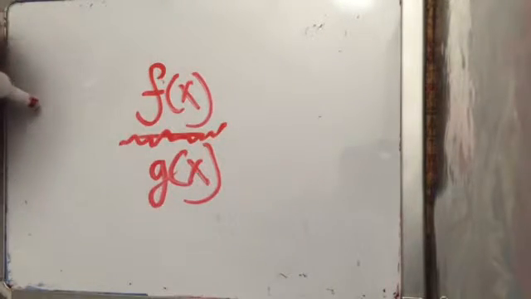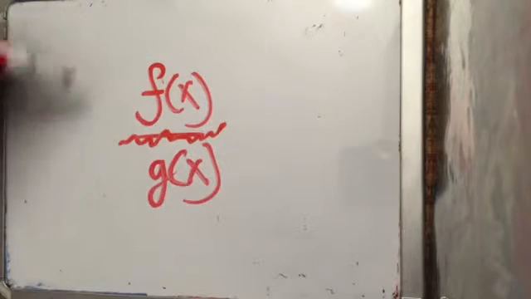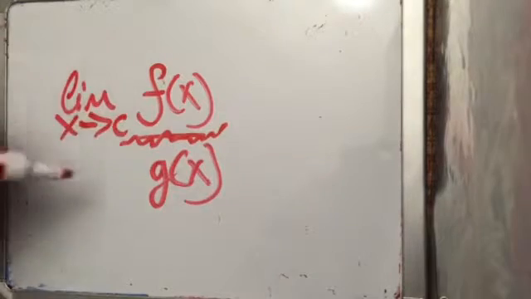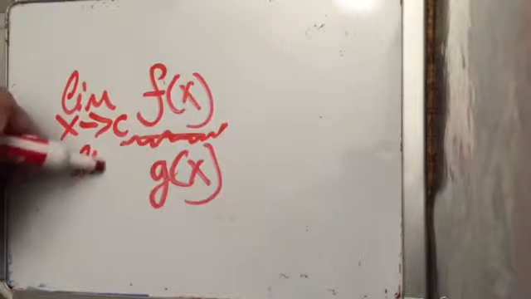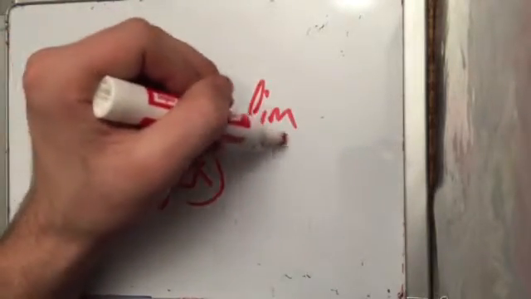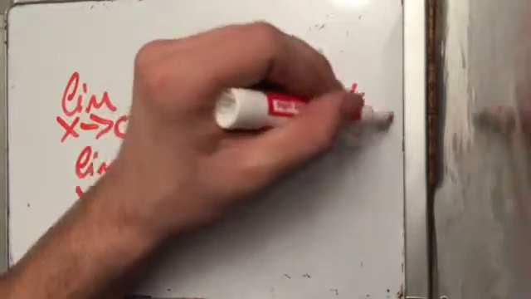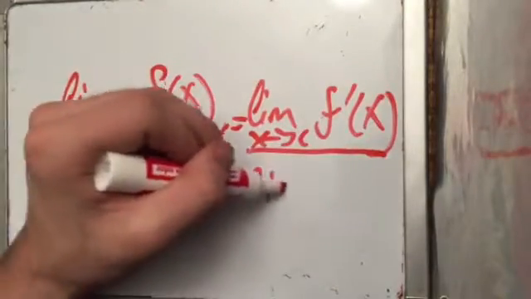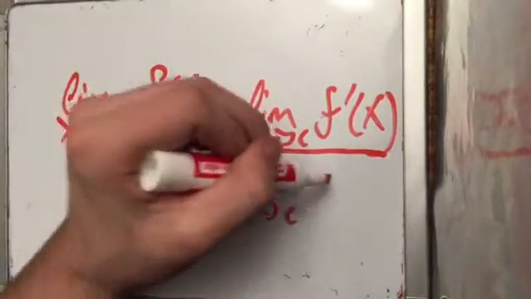So whenever you're doing a problem, you take the limit as x goes to c of f of x over the limit as x goes to c of g of x, which equals the limit as x goes to c of the derivative of the first function, and so on.